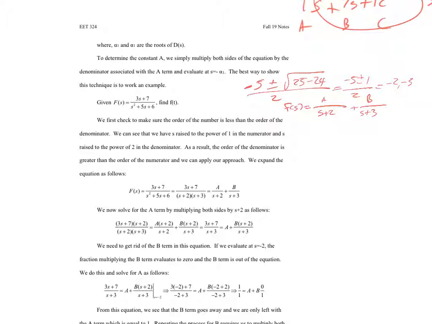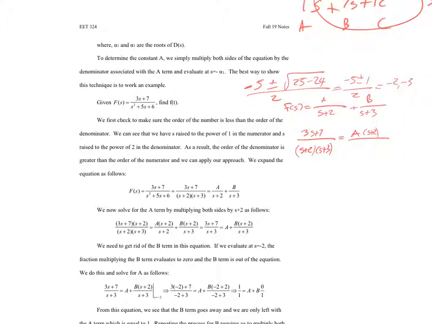So now I'm ready to solve for a. So 3s plus 7 over, whoops, not s squared, let me put the factored forms in here, s plus 2 times s plus 3 equals a times s plus 2.